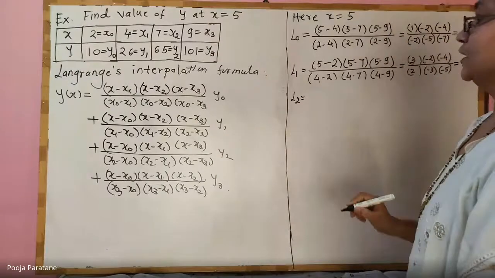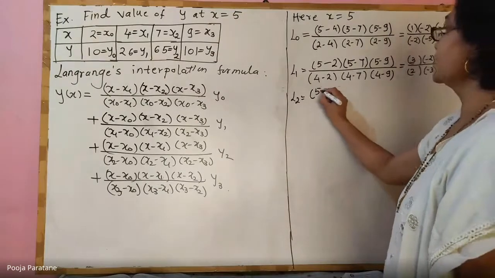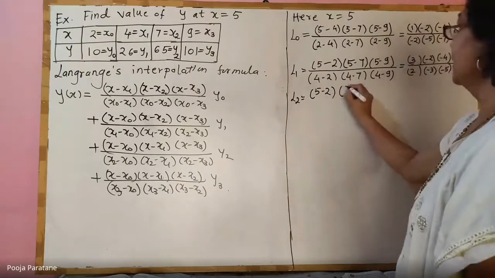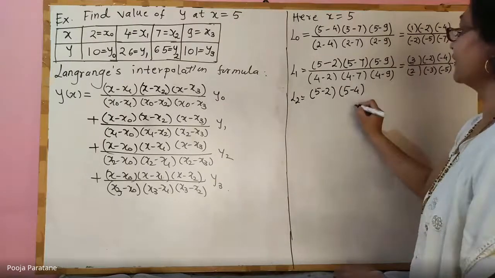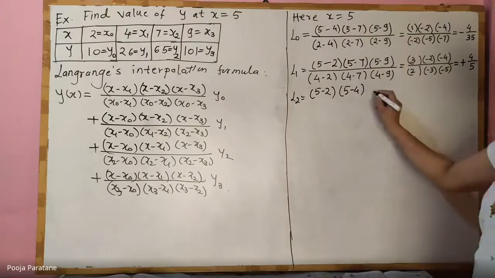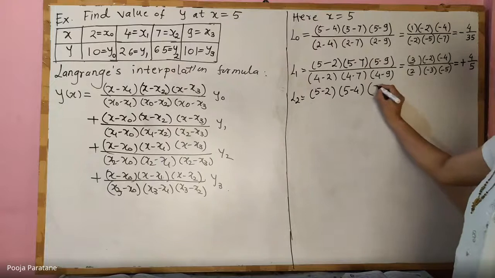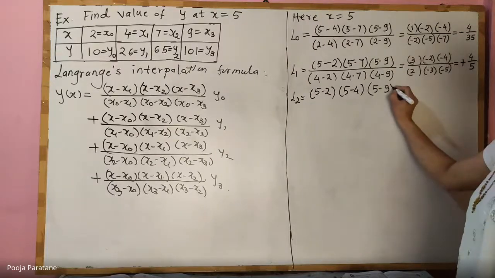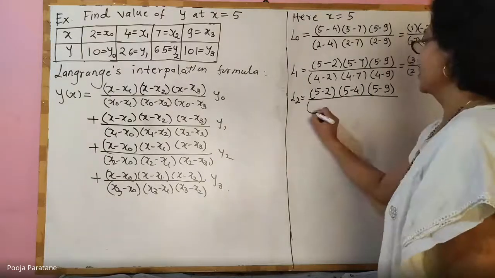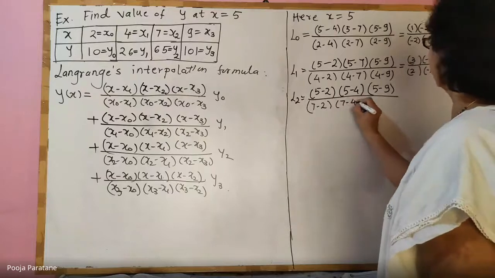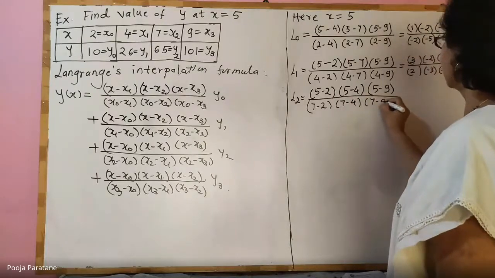This L2 is now 5 minus 2, x minus x0. Then x minus x1, that is 5 minus 4, x minus x3, so it is 5 minus 9. And now what is the value of x2? 7. So it is 7 minus 2, 7 minus 4, 7 minus 9.